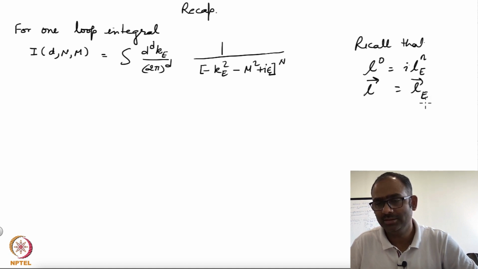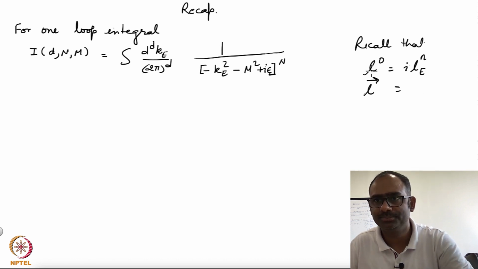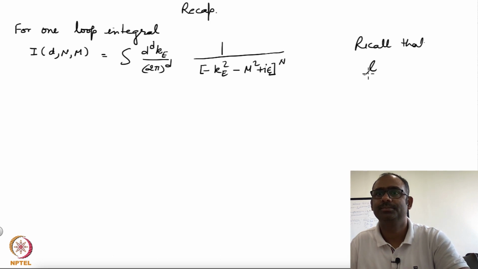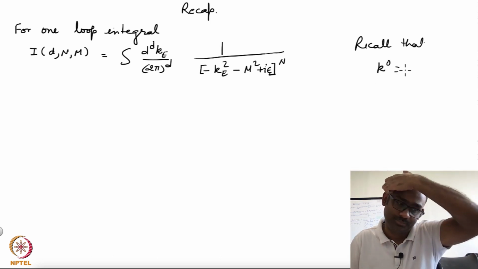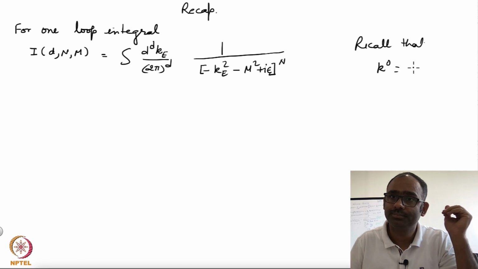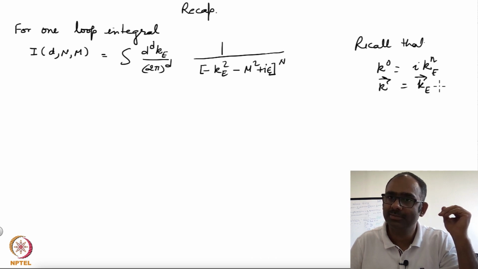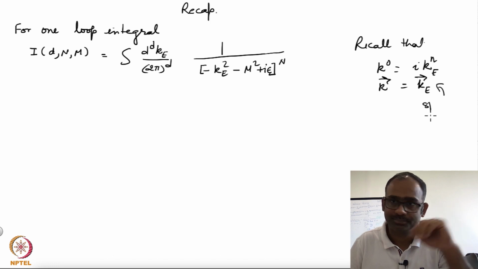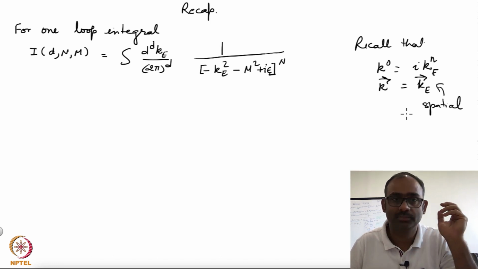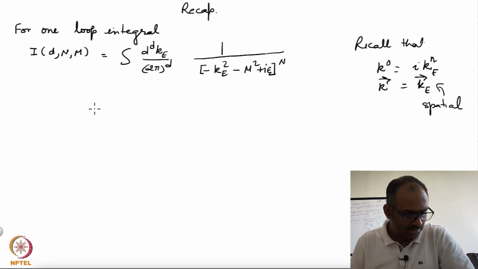So, the spatial components of the Euclidean vector, they are the same on both sides. Okay, I should be writing k, not L. Okay, these are the spatial components.